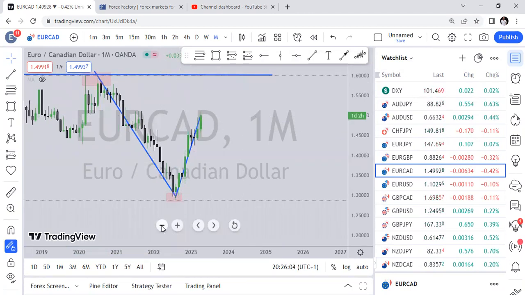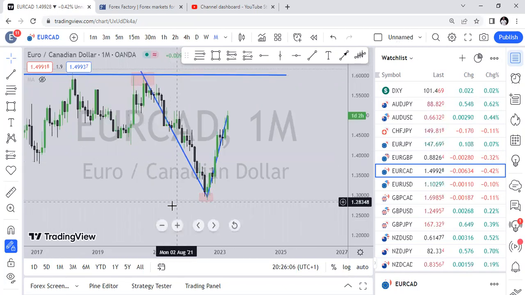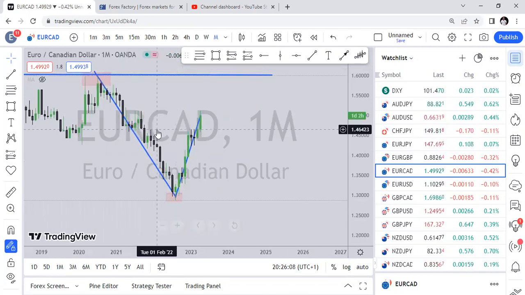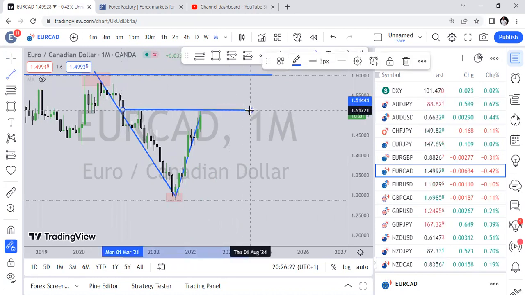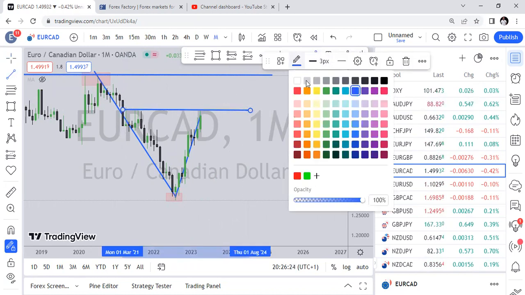So okay, but if we note here, we will see that there are previous highs here. So we can note that point. You can take note of it.